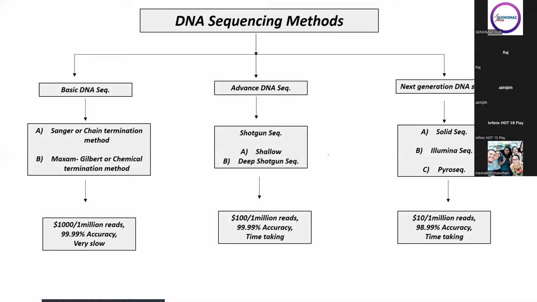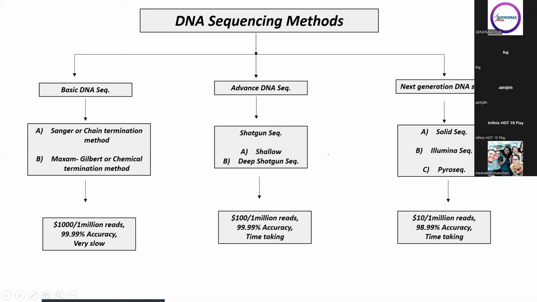Now we can think about the sequencing technology evolution. Sequencing technology till now is divided into three categories: the basic sequencing technology, advanced sequencing technology, and the next generation sequencing technology. Basic sequencing technology is Sanger, the first generation sequencing or chain termination method.